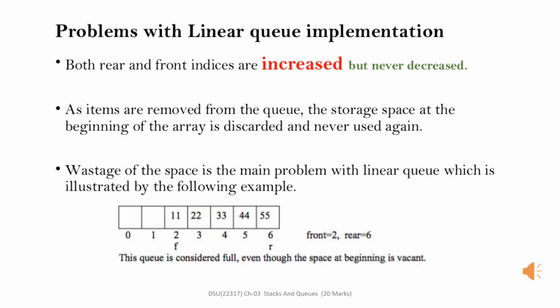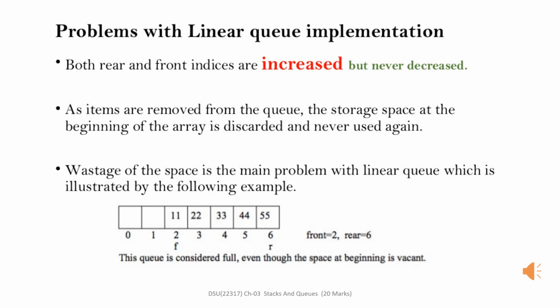There is a problem with the linear queue implementation, because both the rear and front indices are increased but never decreased. As the items are removed from the queue, the storage space at the beginning of the array is discarded and never used again. Wastage of space is the main problem with the linear queue, as shown in the example.